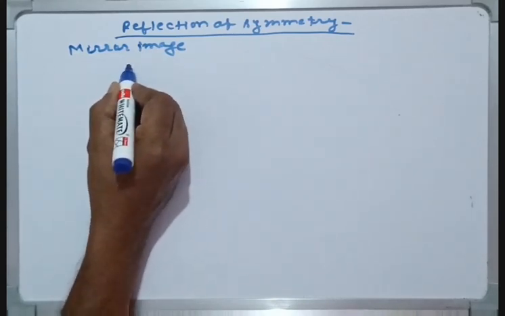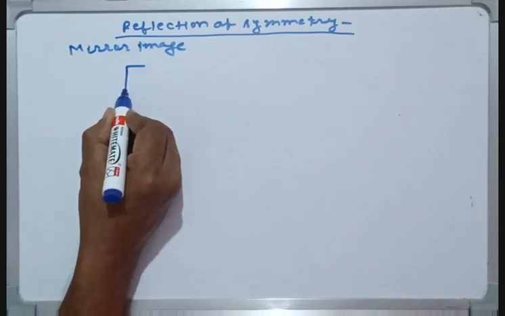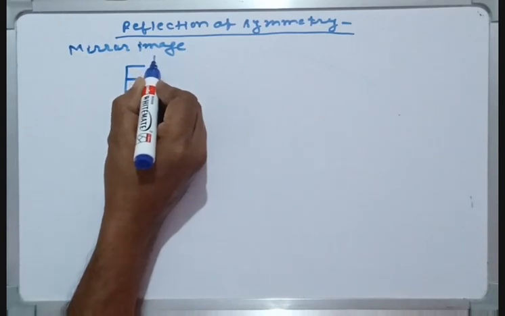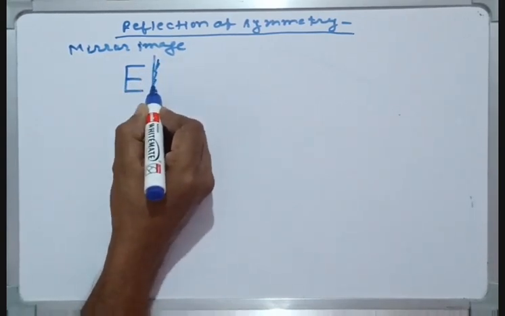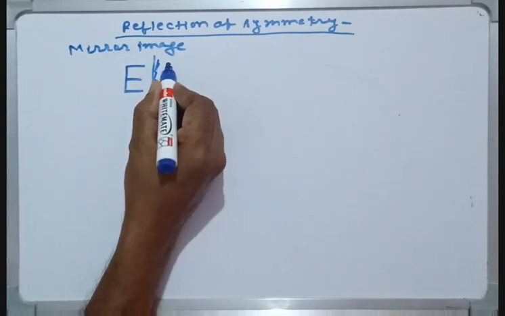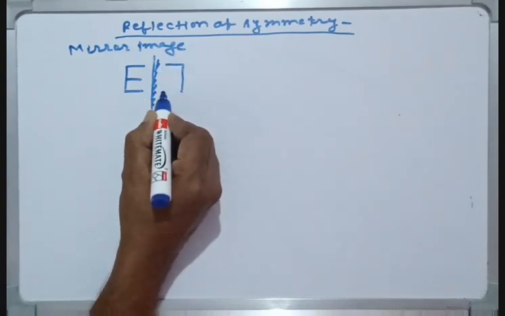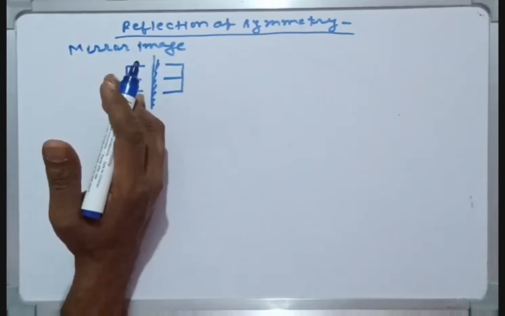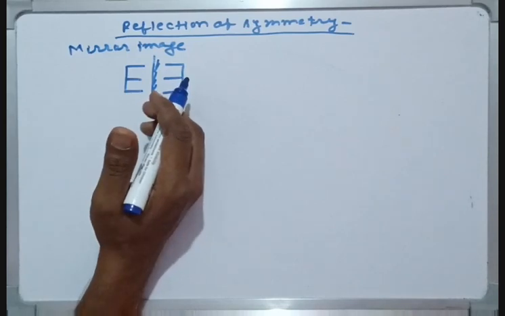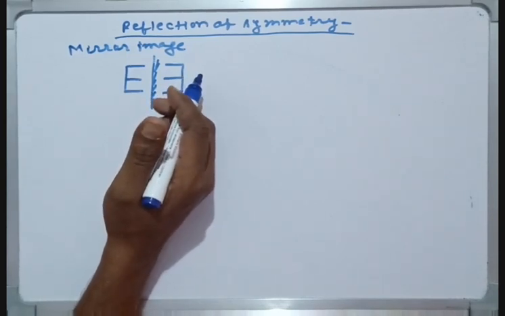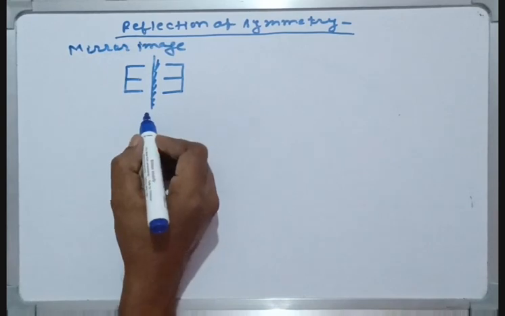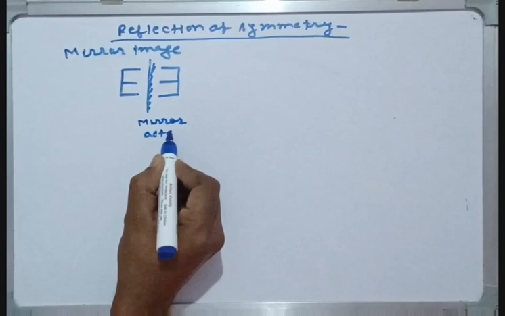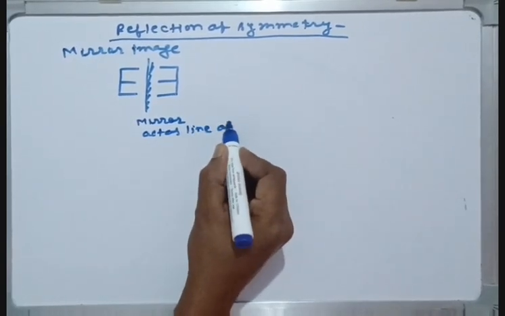See here, suppose I have written a letter E here. When we put a mirror here like this, the image of this E is like this. So what has happened? This one is symmetrical about this one. So here the mirror acts as a line of symmetry.